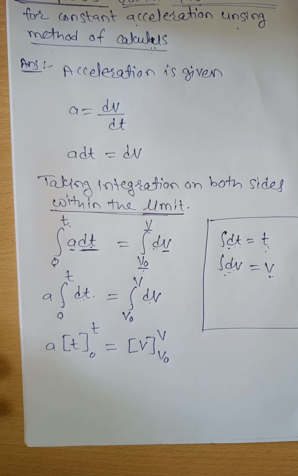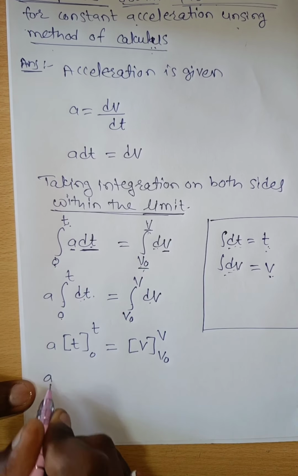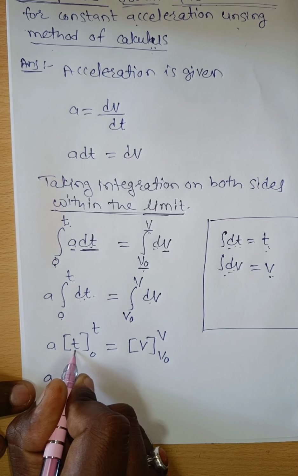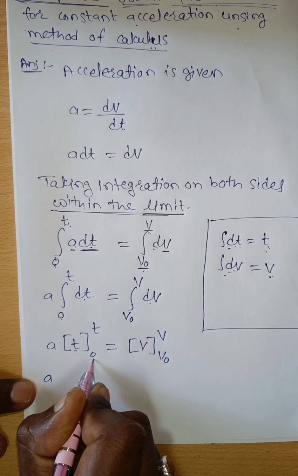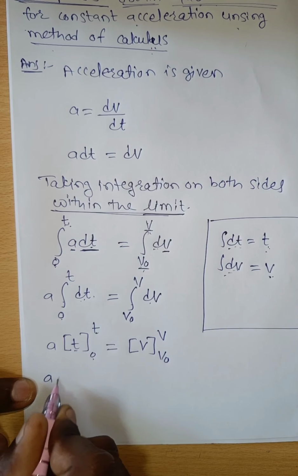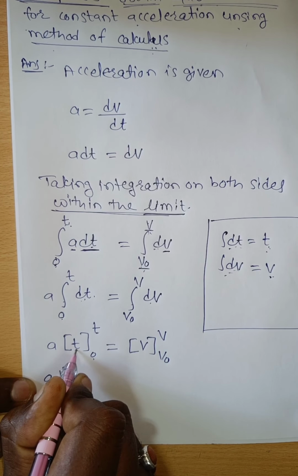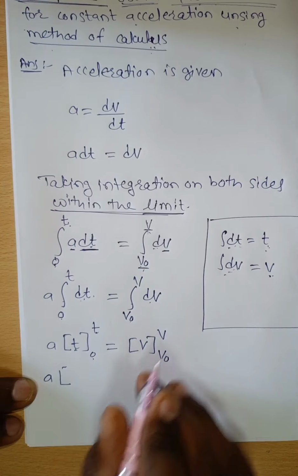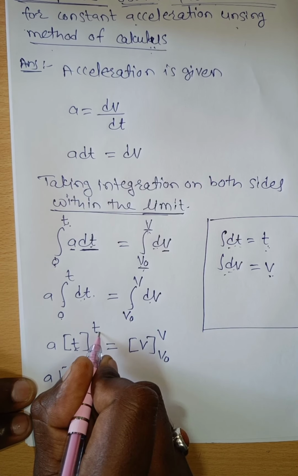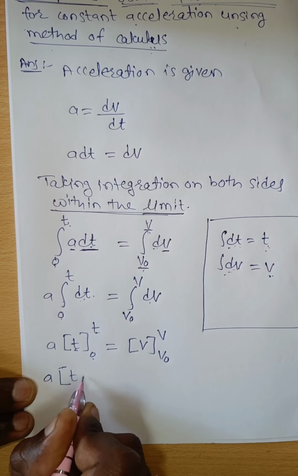Then how to apply the lower limit and upper limit? Then this is a into t, having lower limit 0 and upper limit t. Now in place of t we first put the upper limit, that is t. Then upper limit minus lower limit. Wherever t is there, in that place put the upper limit. We put the upper limit in place of t, minus the lower limit, in place of t put 0. That is okay. What are the limiting values?